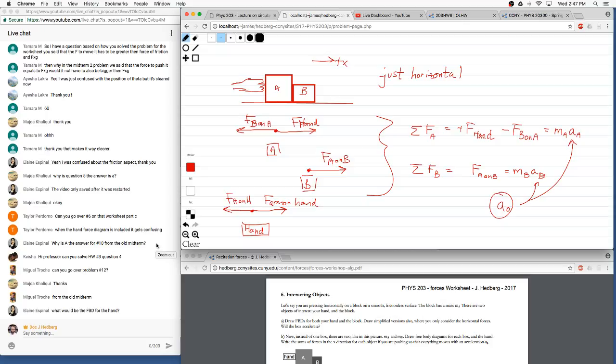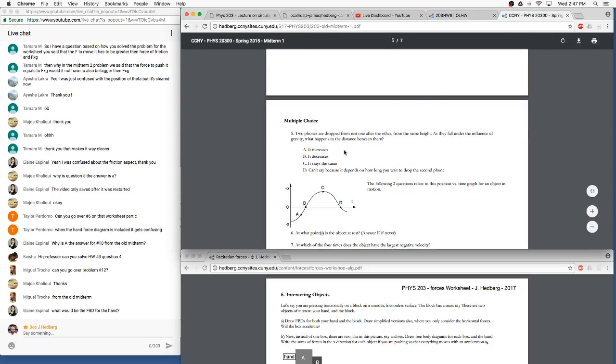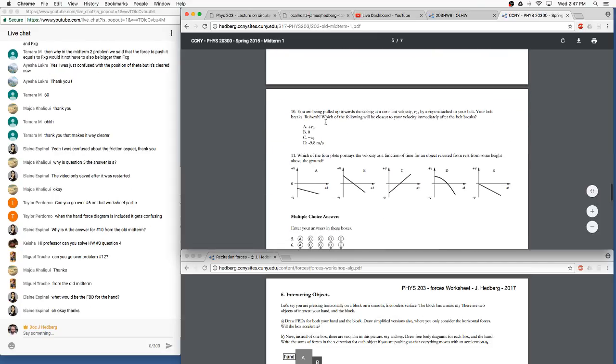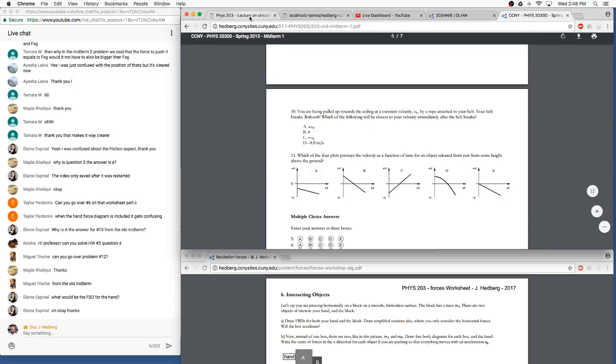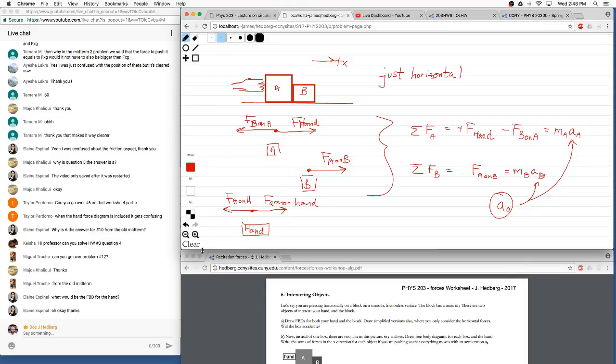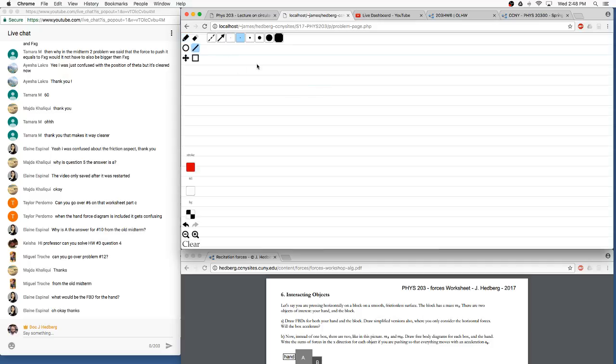Why is A the answer for number 10? Let me see. I forget what number 10 is. Didn't we do that one yesterday too? Number 10, it was, again, the plot. The plot is the best way to think of it. We have an object that's going up at constant velocity.